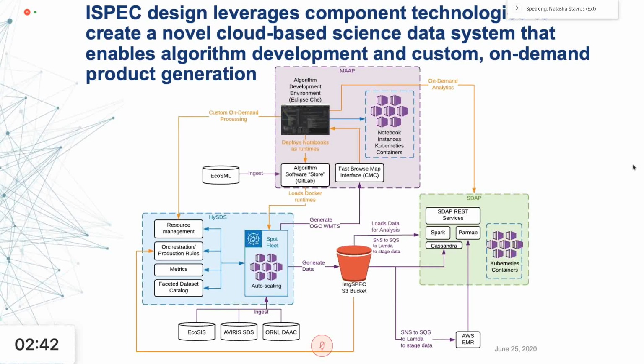So one of them is EcoSys, which you see in the lower left. That's an open source repository of spectral data that people might use as in situ to help refine their algorithms, as well as EcoSML, which is a repository of different models and code that people have been developing specifically for terrestrial ecosystems, which we then build an interface to our algorithm store so that we can have, quote, blessed or approved algorithms that we say, okay, look, we've actually vetted this algorithm.